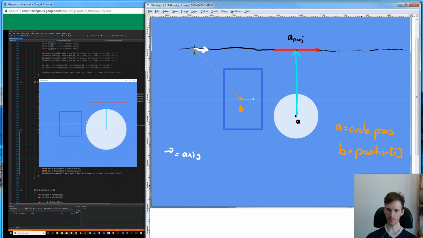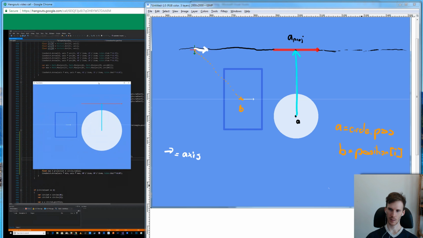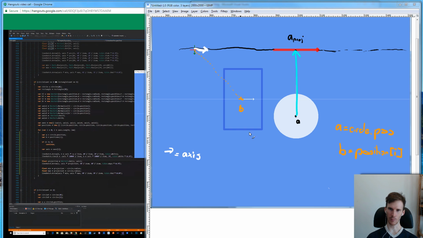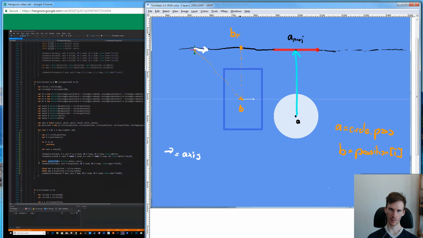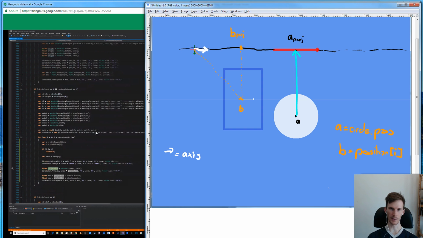So what we want to do is we have one projection. We want to do a second projection. What we have here is B project. Does that make sense?